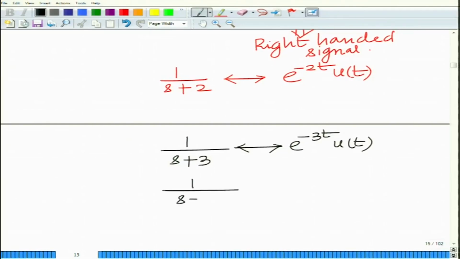Now, what about 1 over (s + 3) whole square? What is the inverse Laplace transform of this?